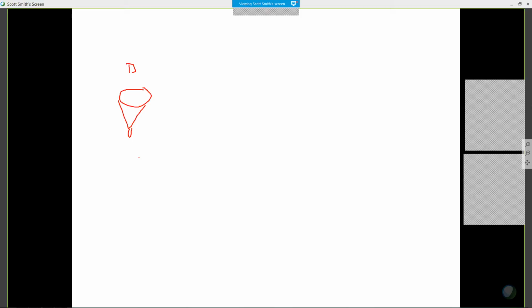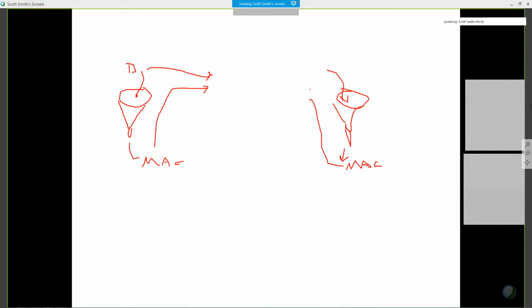You send the data in plaintext along with the MAC. Now what's supposed to happen is the receiver at the other side is supposed to take that data, run it through the hashing algorithm. They're going to get a MAC, and they're going to compare this MAC to the MAC that was received. And that's what's going to be able to identify whether or not the data has been modified midstream.